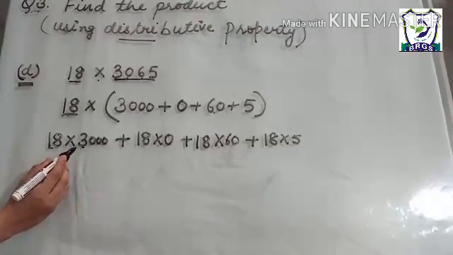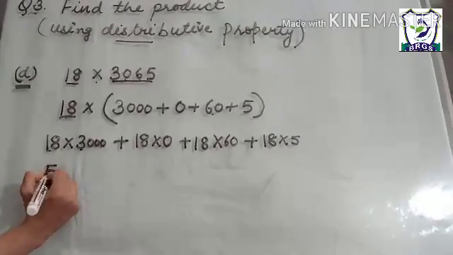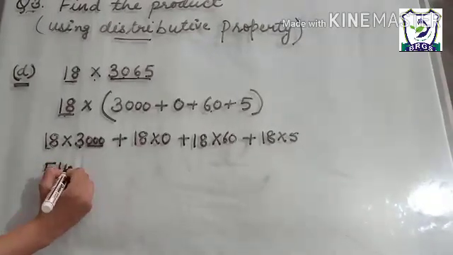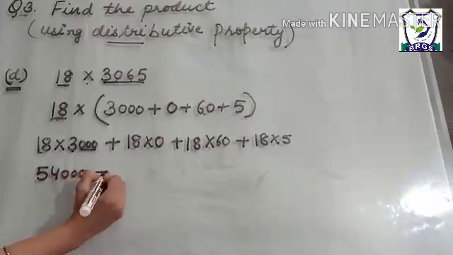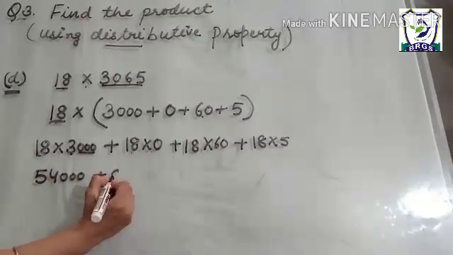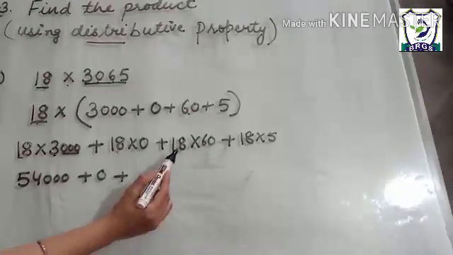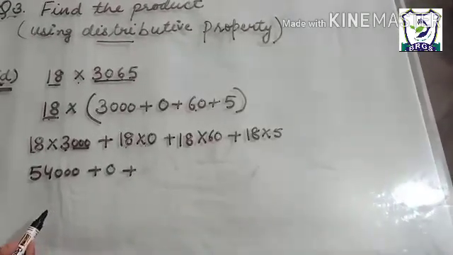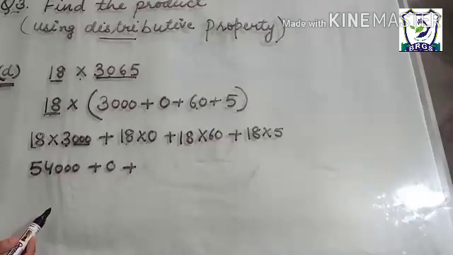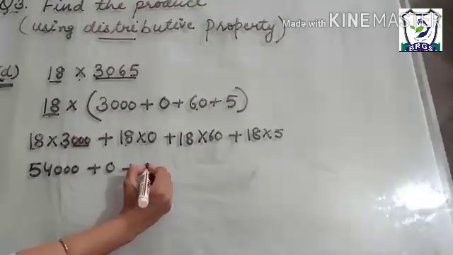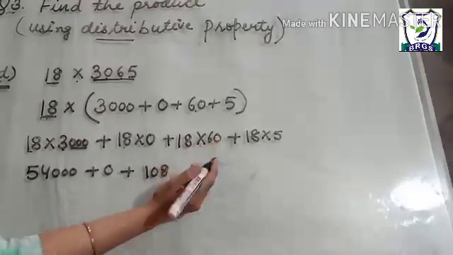So 18 into 3, you will get 54, and add these 3 zeros on the right of the product. Plus something into 0 will be 0. Now 18 into 60 students. Firstly we will multiply 18 into 6. Okay students, what you will get? 18 into 6, you will get 108. Now add this 0 to the right.